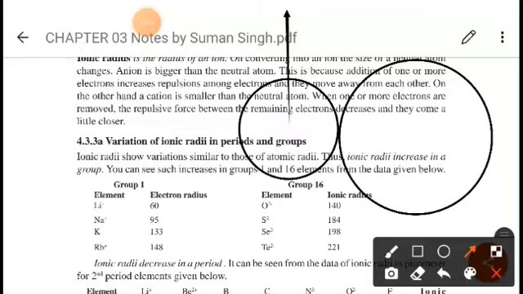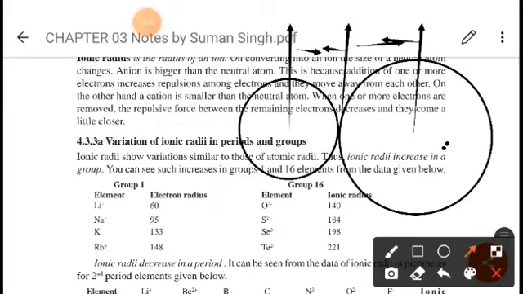Suppose this is one distance here, okay, and from here also we can draw one. So from here to here, or from here to here, this is the radius of the anion, because this is the anion. And from here to here, this is the radius of the cation, right?